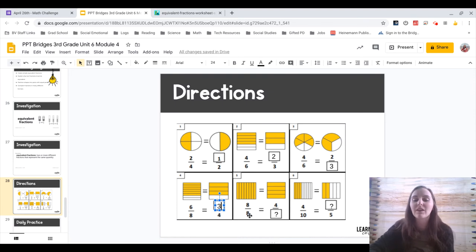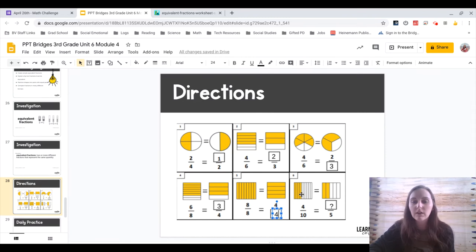I really like this example here because this is showing me 8/8. We know as mathematical experts that if I have 8 of the 8 pieces, I have the whole thing. So my equivalent fraction here must be 4/4, showing that my numerator and my denominator are the same number, showing 1 whole. So 1 whole is equal or equivalent to 1 whole.